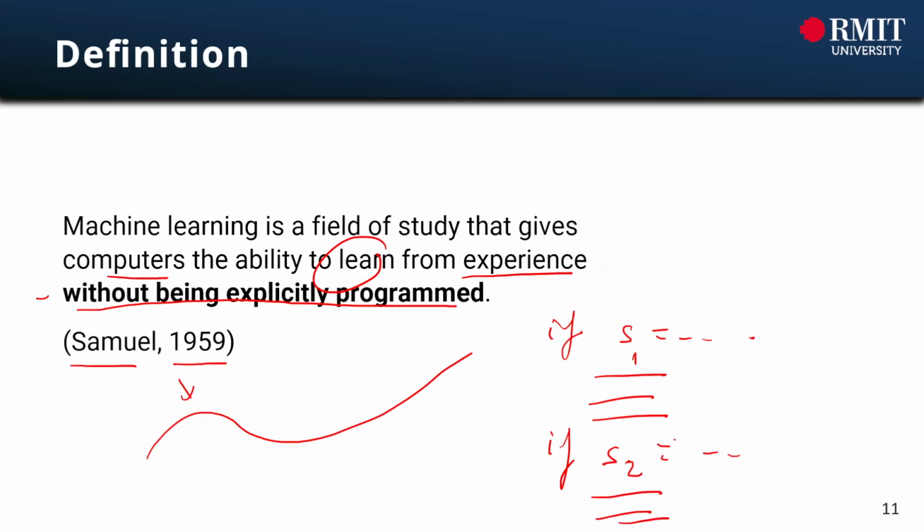Okay, so this is called explicit programming. You need to list all the cases, but when the program runs in a real environment and it sees not case S1, S2, but case S3, then for some explicit programs, it will fail to run, right? Because you only told me S1, S2, why do you ask me S3? I don't know what to do.